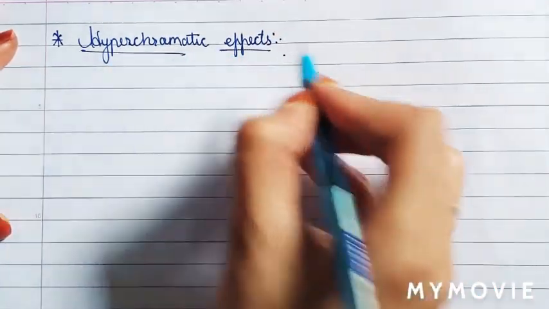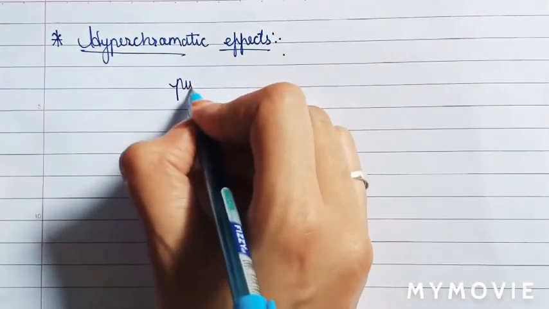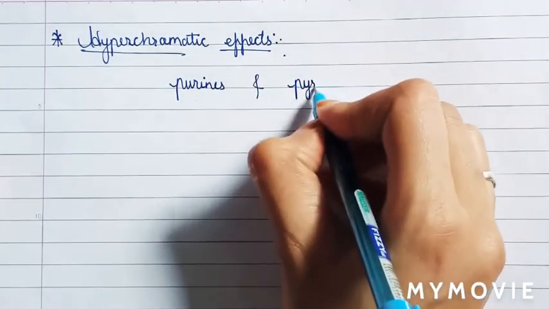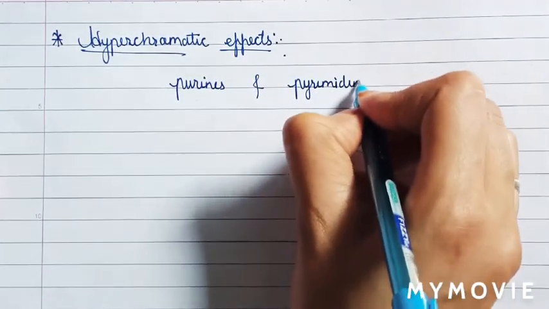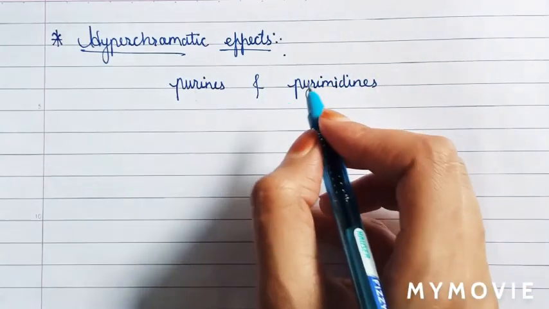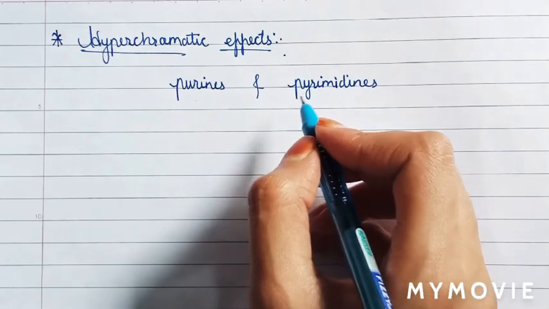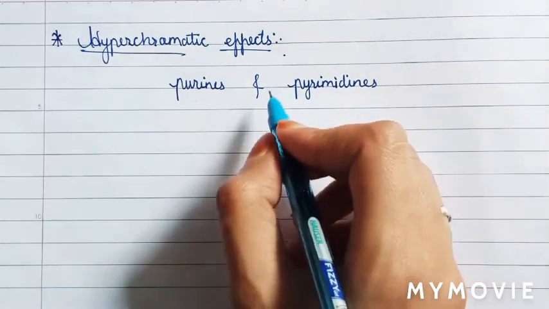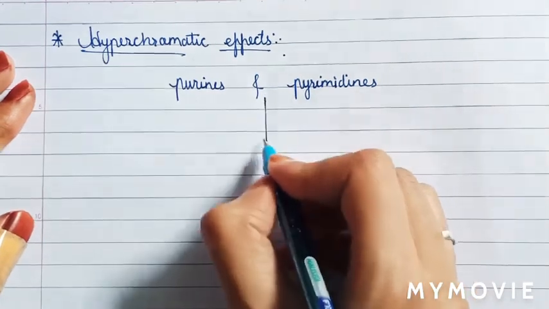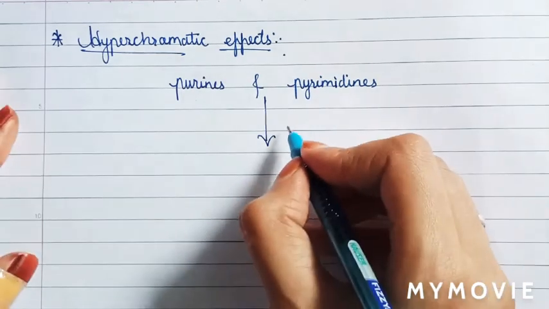As we know that DNA consists of purines and pyrimidines, so we will write here purines and pyrimidines. When these purines and pyrimidines are exposed to UV radiation, they absorb the UV rays.